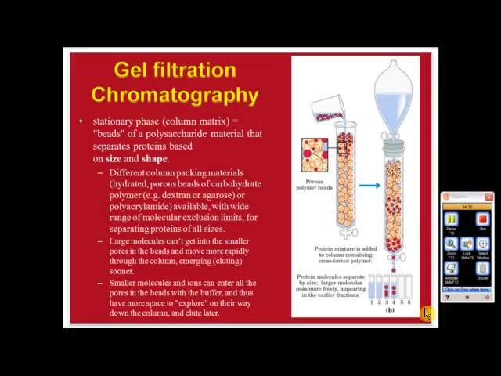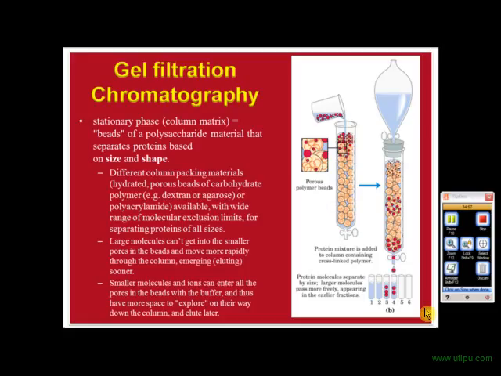So whenever you pour this, the small proteins enter into the beads, whereas the bigger proteins don't enter and will bypass the beads. That means if you take two big beads, this is one bead, this is one bead, and I am saying that these beads have small pores.